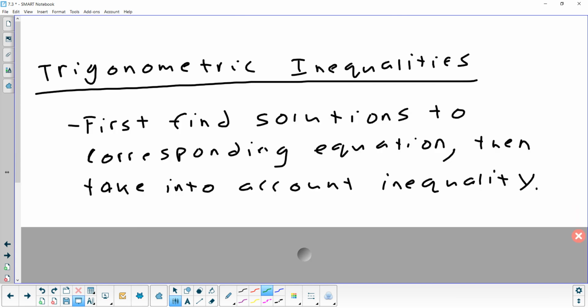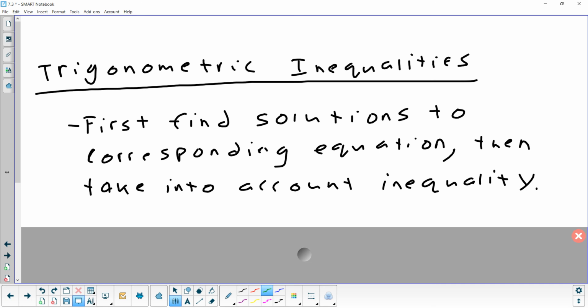All right, so to solve an inequality, the first thing you have to do is basically what we've been doing. You've got to find some intersections. So first, find the solutions that you would find to the equation. If you want to know when it's above 0, first find when it would equal 0.